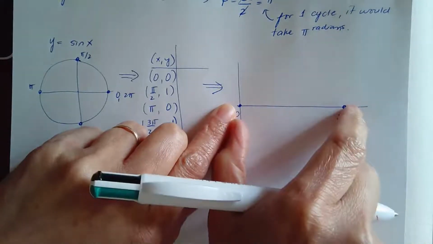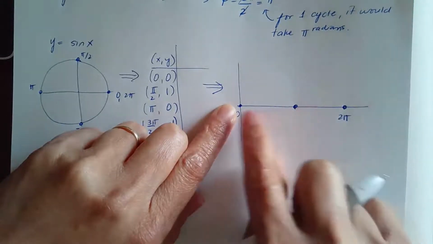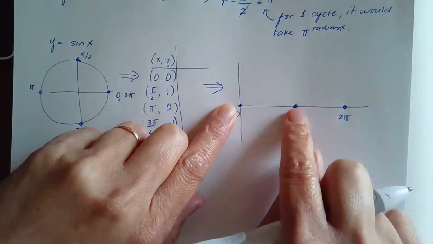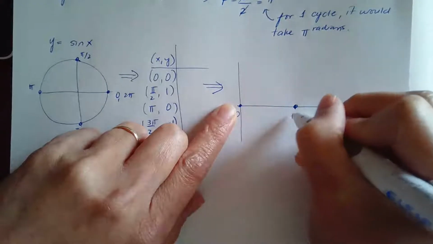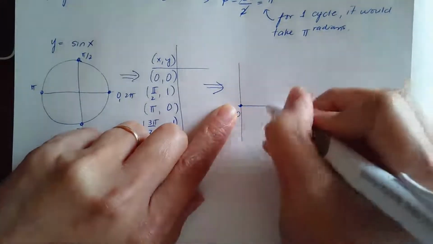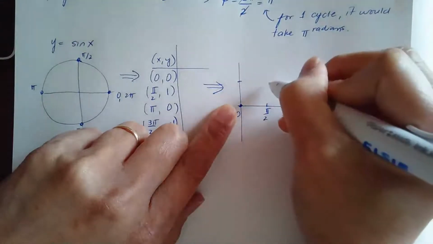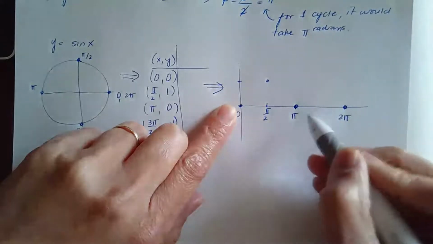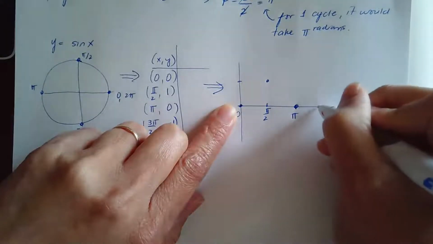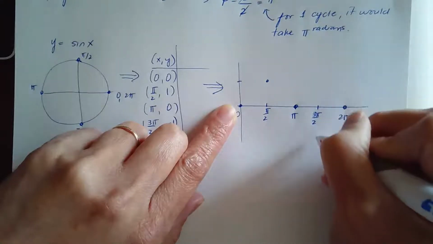In the middle, at pi, that is the 0. Between 0 and pi, that would be our pi halves, it's going to be at 1. And between pi and 2 pi, that becomes 3 pi halves, which is a negative 1.